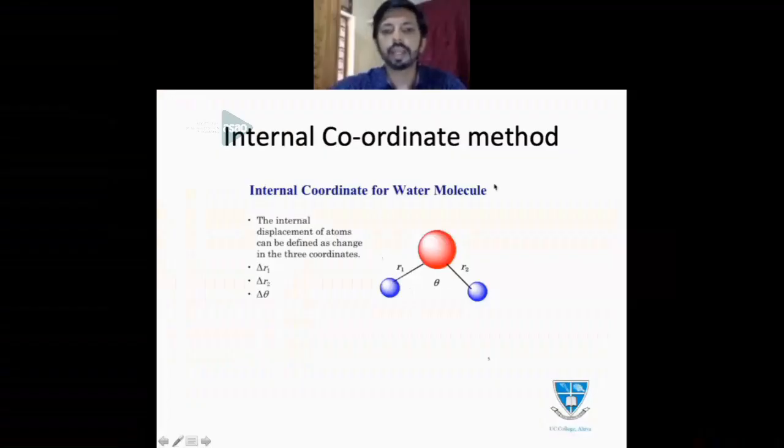So here we can see that during the vibration, R1 will be changing and R2 will be changing. And during the bending vibration, the angle theta will be changing. So these are the internal coordinates of the water molecule, that is R1, R2 and theta. And we have to determine the point group.